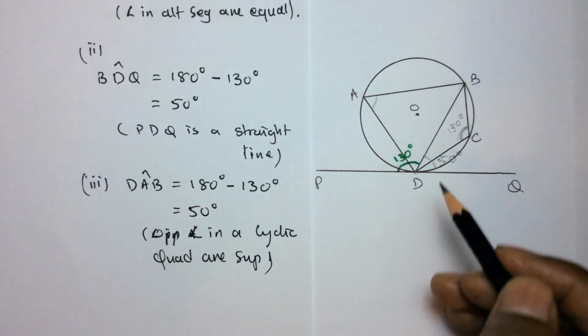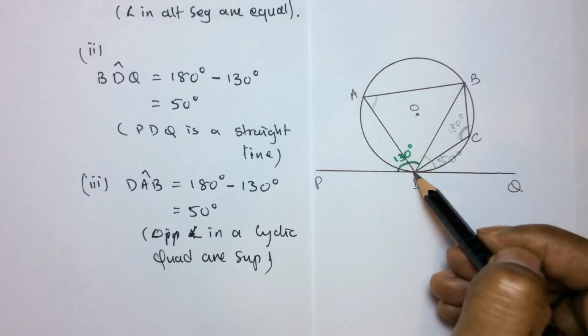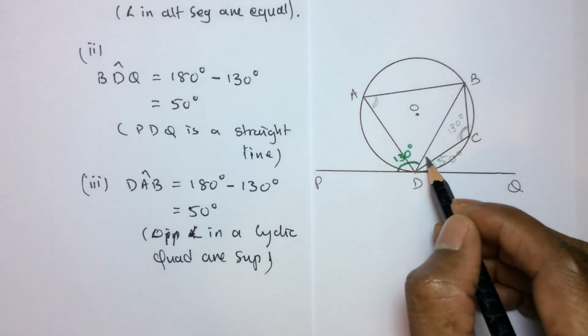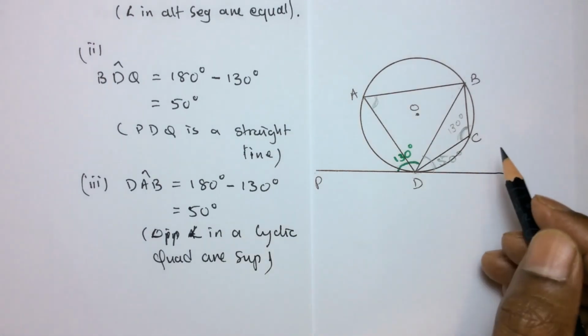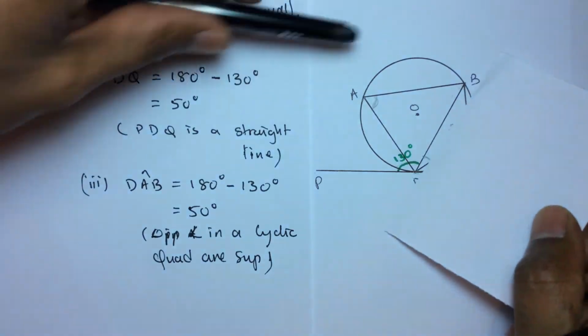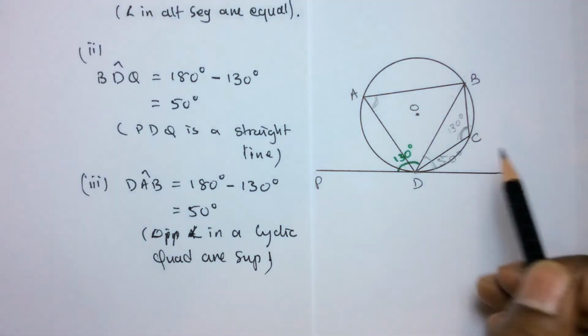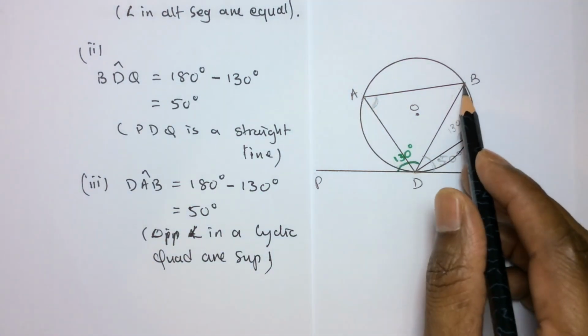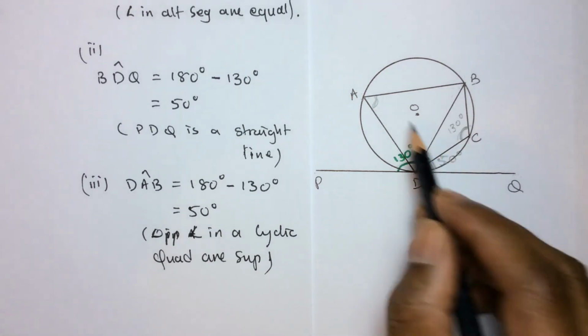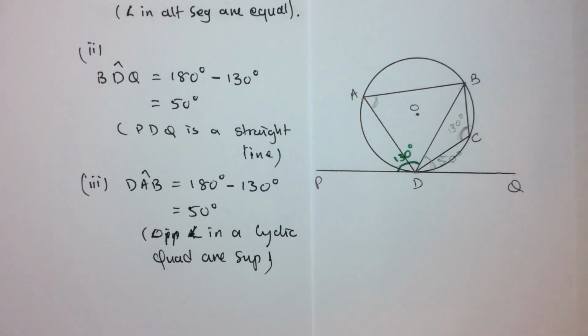But we can also obtain angle DAB directly from this property. We can see we have one segment here and another segment here. So DAB is equal to 50 degrees because angles in alternate segment are equal.